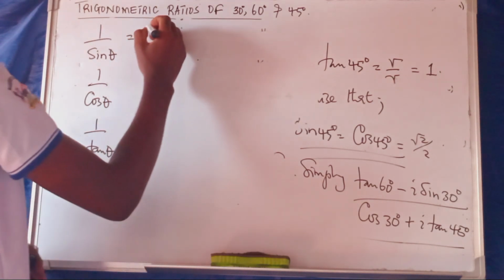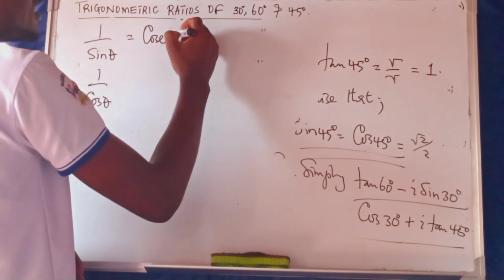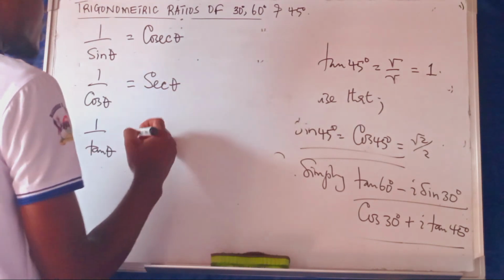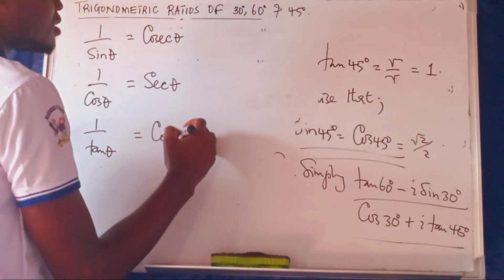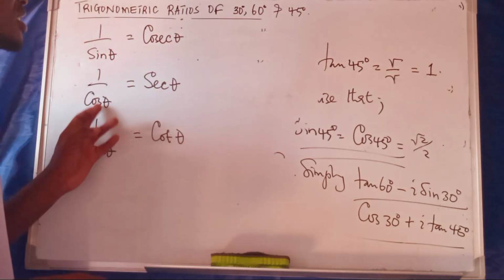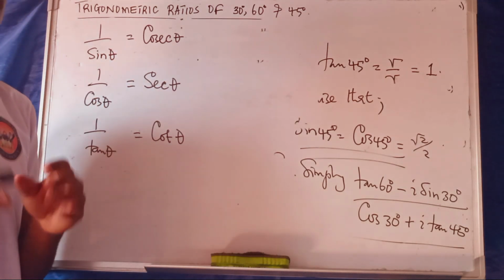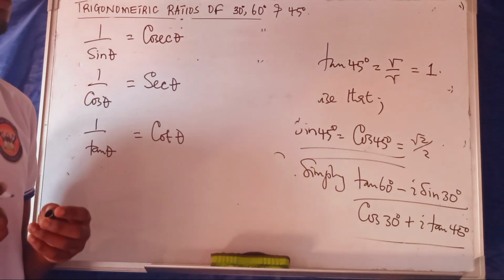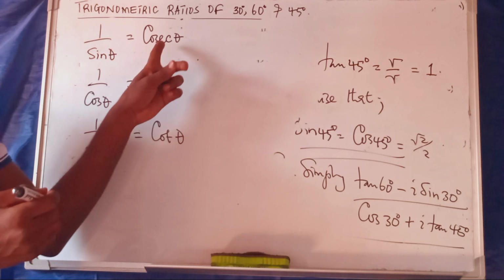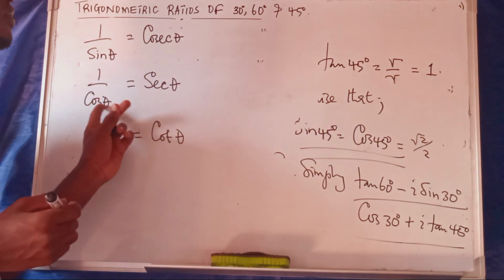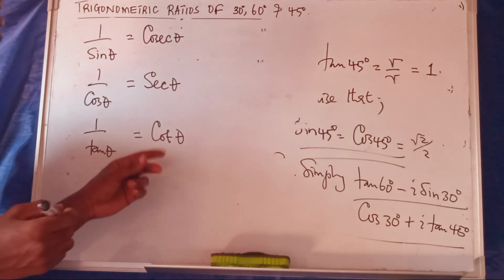These are called cosec theta, sec theta, and cot theta. In your O level, you have been used to sine, cos, and tan. At your advanced level now, we are introducing other trigonometric ratios: 1 over sine is cosec theta, 1 over cos is sec theta, 1 over tan is cot theta.